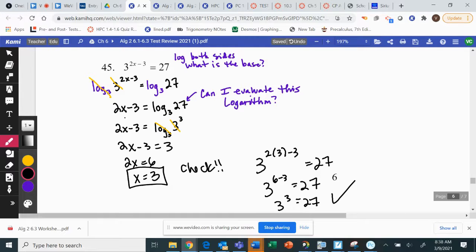Before you guys get started, I'm just really curious. Can you give me a dial of a thumb for how confident we feel with the logarithm stuff? What's your thumb?